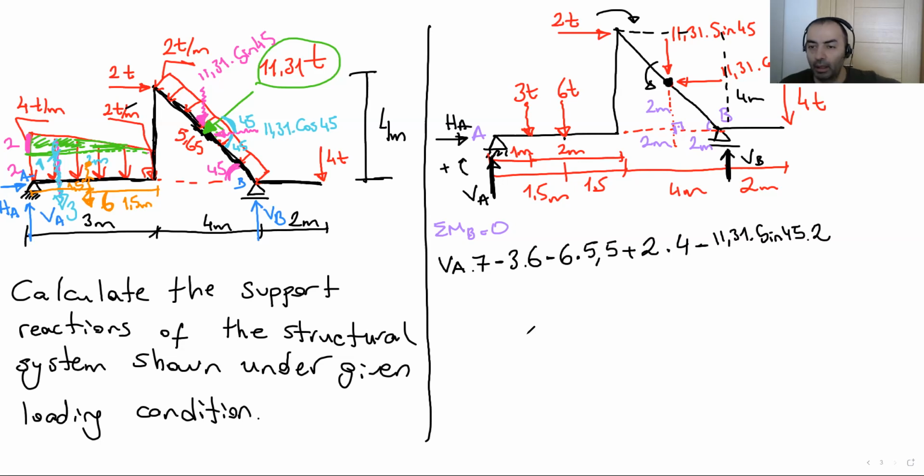Okay. Now let's have a look at the horizontal one. Is it positive or negative? Negative. Negative. 11. Now let me write here, by the way.